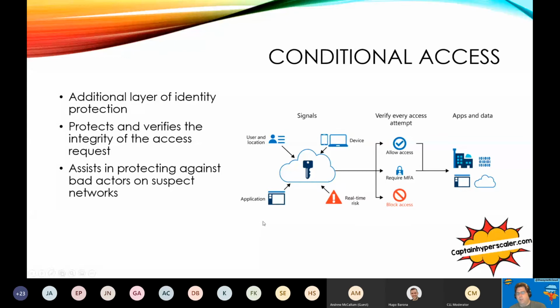And within conditional access you can ultimately allow access, require multi-factor authentication, which should be turned on within your organization regardless, or block access based on certain signals.